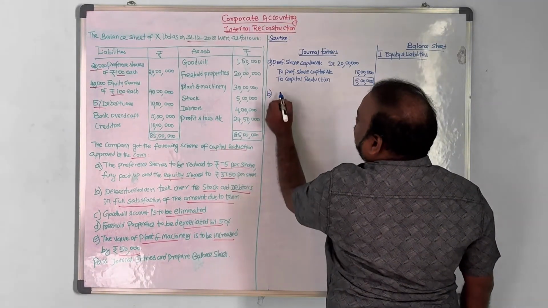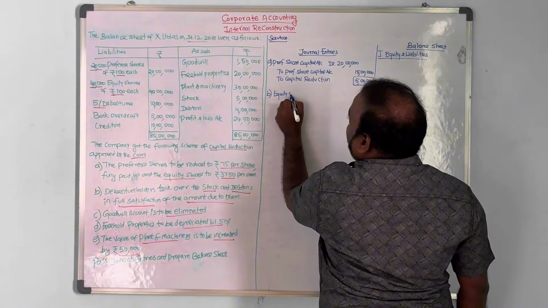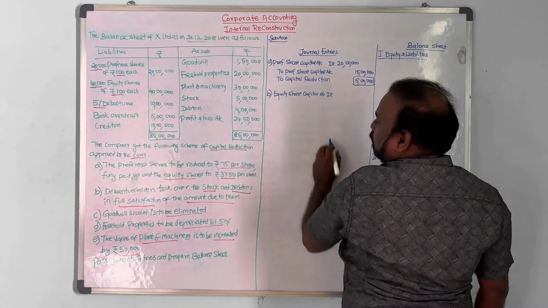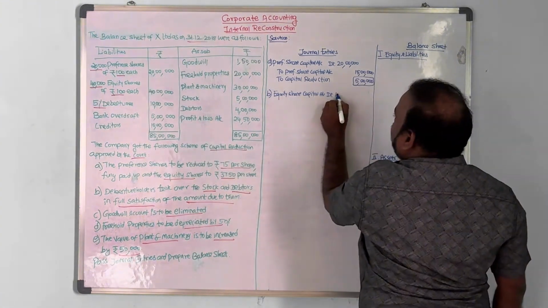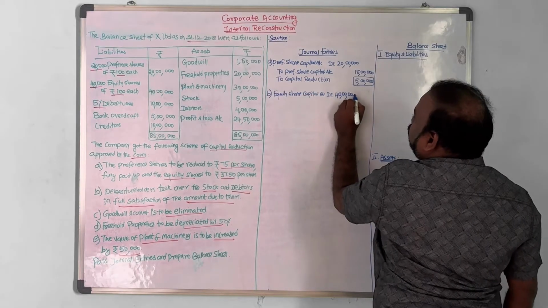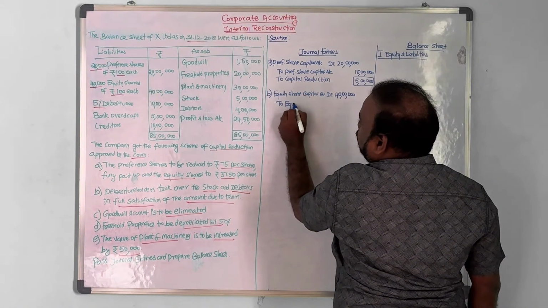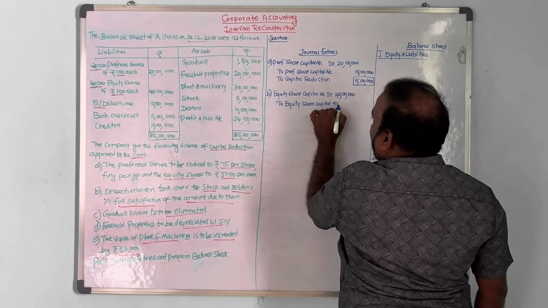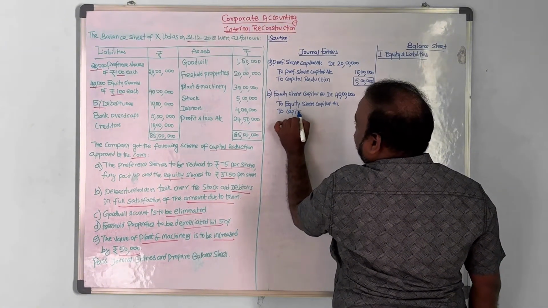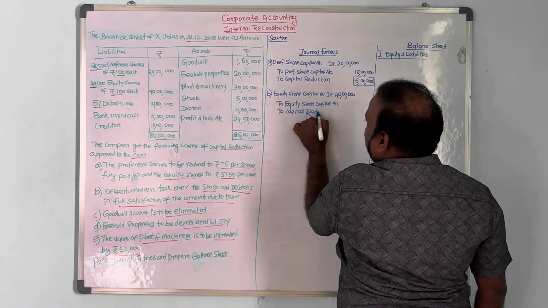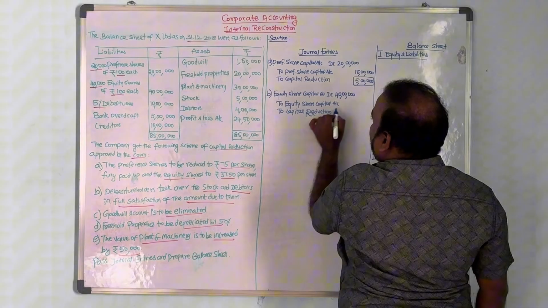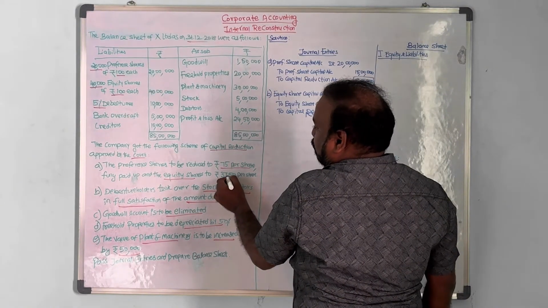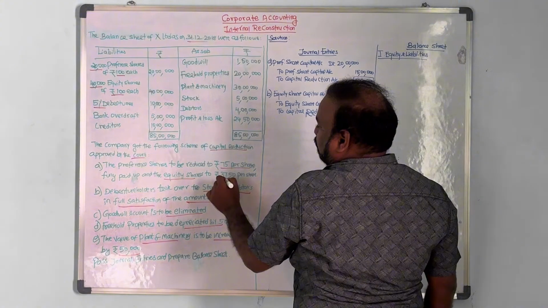The next one, equity share capital account debit 40 lakhs, to equity share capital, to capital reduction. Now we brought it to 37.50, so 40,000 into 37.50.